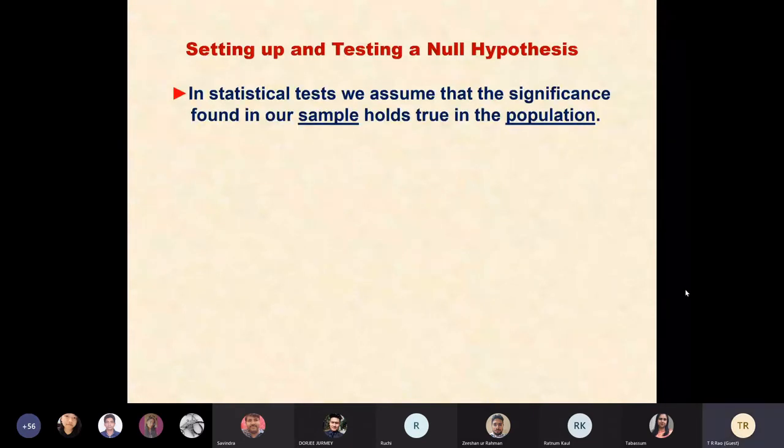So this is another thing: we are testing the hypothesis that holds for the population, but we are doing that based on our sample. Let it be very clear. Because if you know the true population value, there is nothing to test. You simply make a statement.